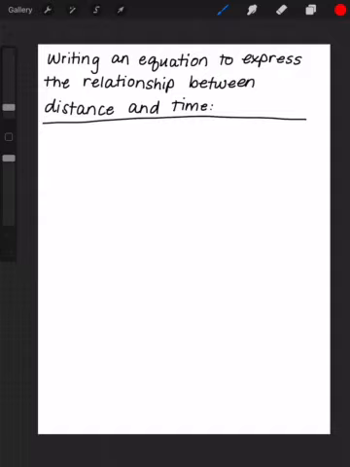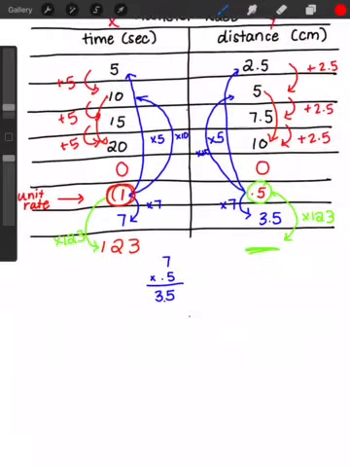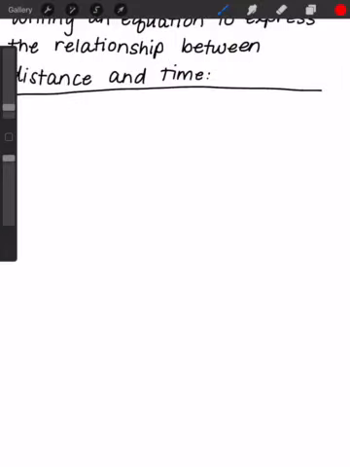So what we look at in our actual table is that our distance is our amount of time times our unit rate, our rate, okay? And our rate is our speed, pretty much, okay? So I'm going to write this down for you. It is D equals R times T, okay?